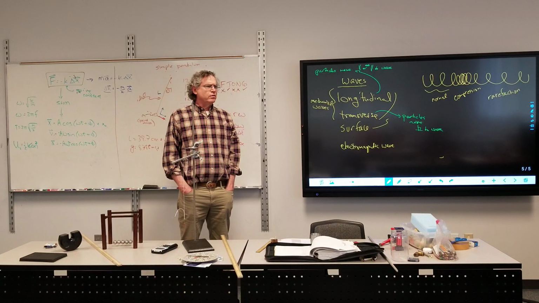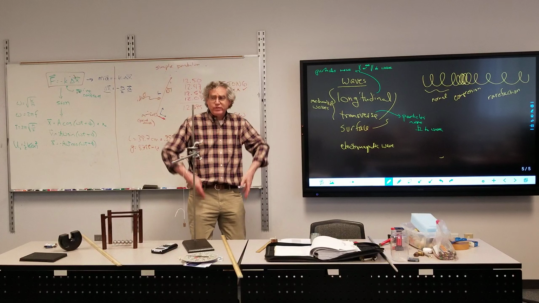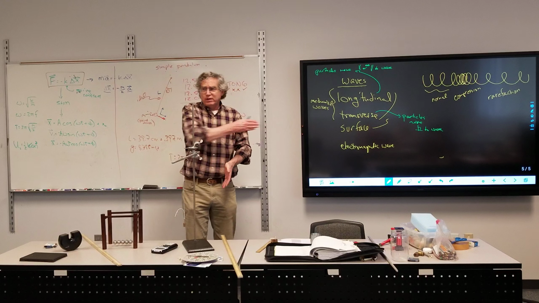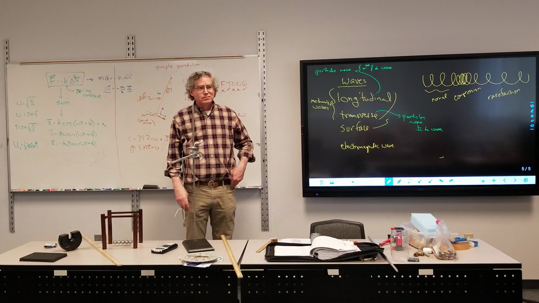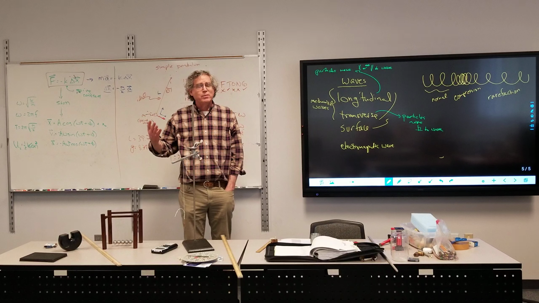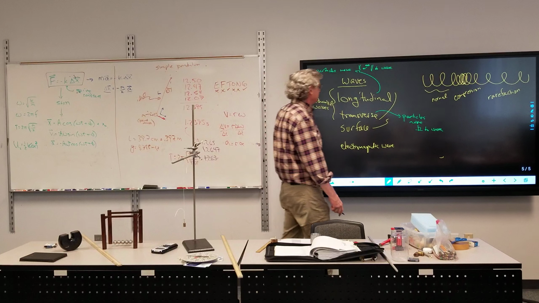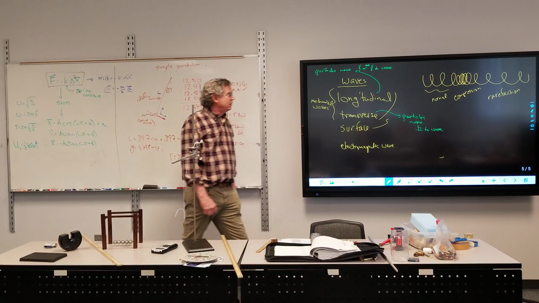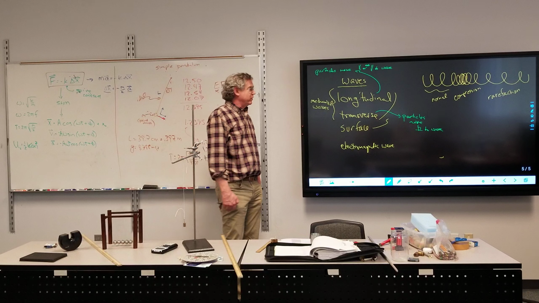Have you been to a sporting event where they do the wave? Okay, three of you. That is a transverse wave, because you, as the particle, are just moving up and down. But the wave itself is sweeping around the stadium, or partway through the stadium, depending on how well it worked. So that's an example of a transverse wave.